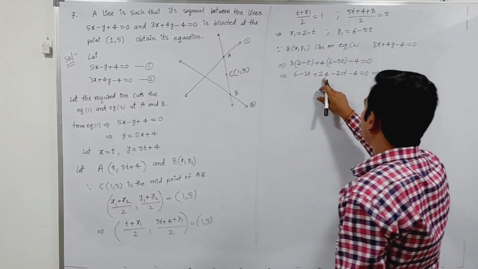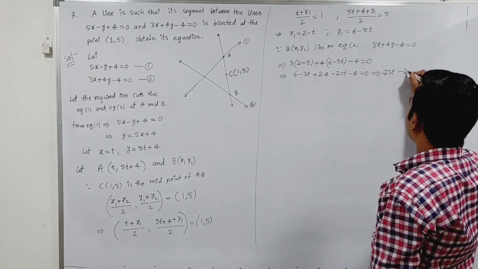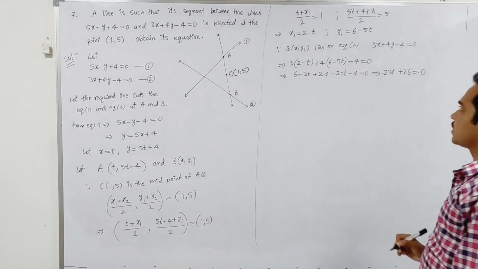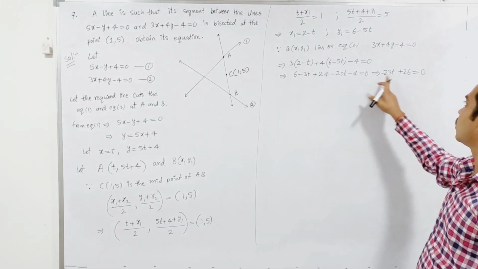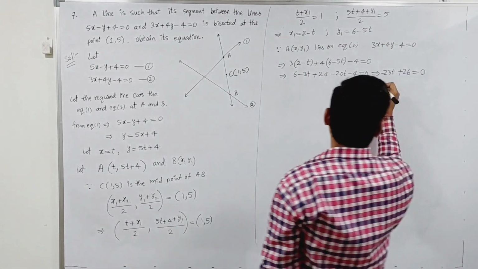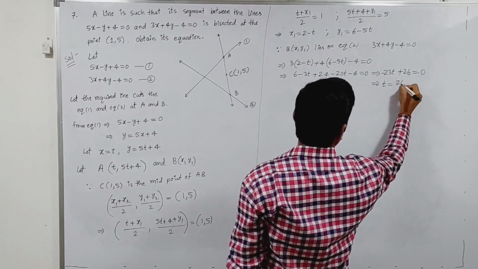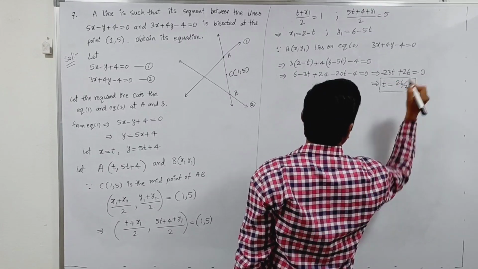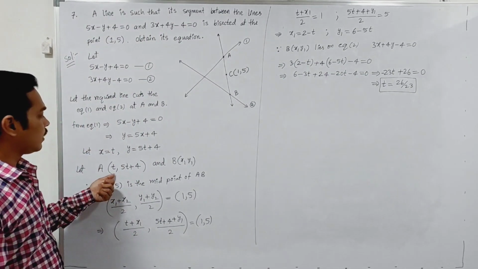Here 6 plus 24 is 30, minus 4 means plus 26 is equal to 0. From this equation, we get t is equal to 26 by 23. So t is equal to 26/23.